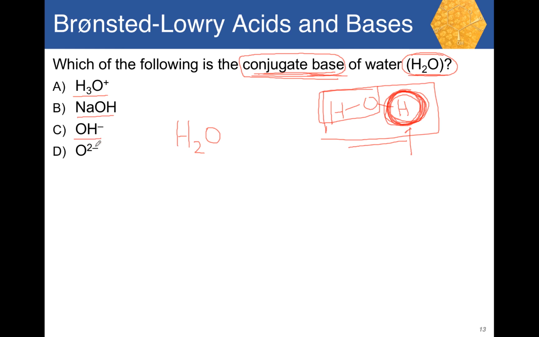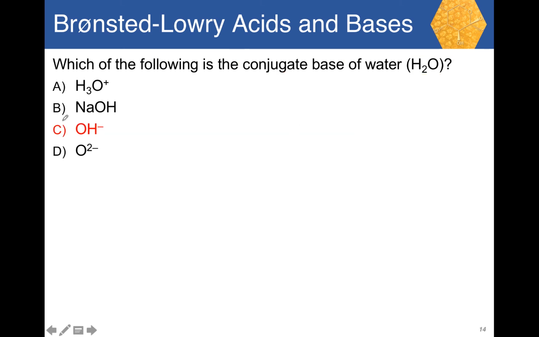Could it be O2 negative? No, because to get the conjugate base, it's just the removal of the 1H from the acid. So let's see what's the answer.